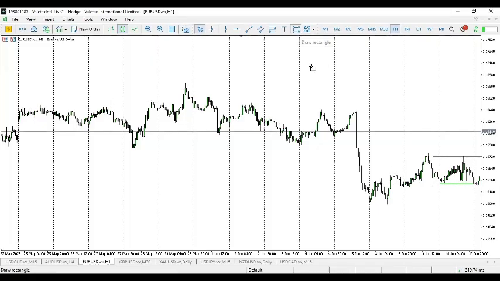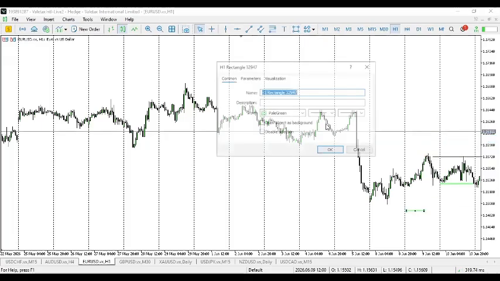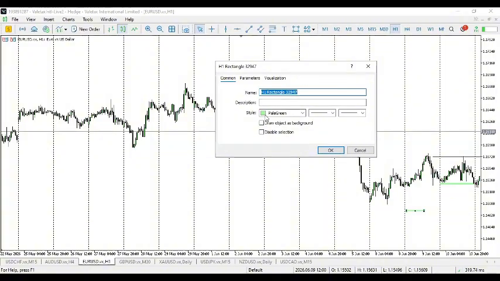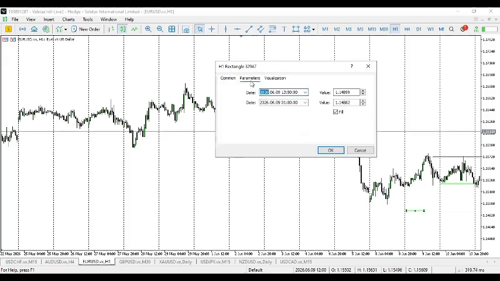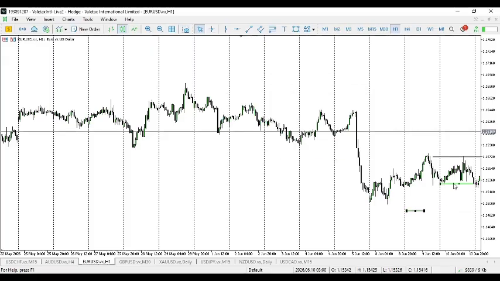I have to make some settings here to draw a straight line. Parameters, remove the fill, okay. Let's just put this aside.